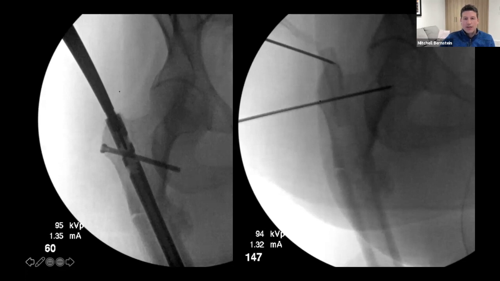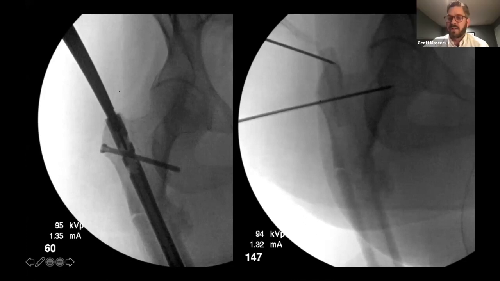It's ensuring your entry point and trajectory in the head neck segment is right before you put that nail in, and making sure that trajectory, especially on the lateral, is collinear with the canal, because once you do that wrong, it's almost impossible to get right.